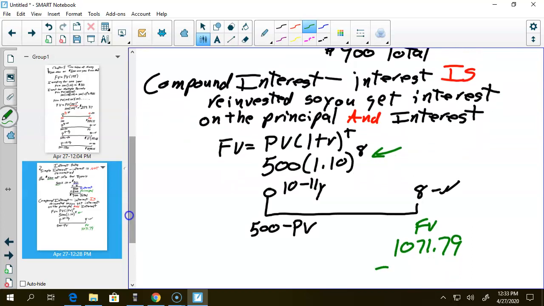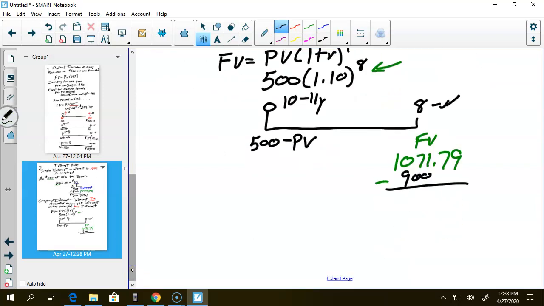So you can see with the compound interest, if we subtract out, the simple interest had $900, right? So the compound interest gave me $171.79 more than with simple interest. All right, this is very important. This right here is the interest on the interest.